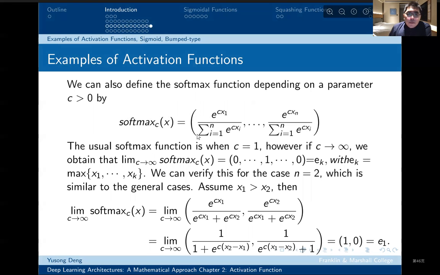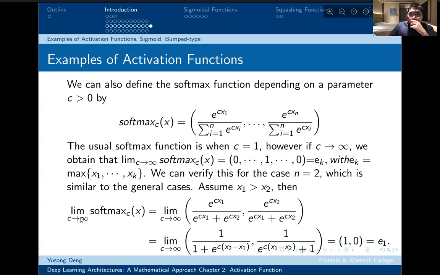And actually the usual softmax function is when c equals 0, but if c goes towards infinity, we obtain that it equals e_k, where e_k corresponds to the biggest element of the entries. So we can verify this when n equals 2. You can also do it with n equals 3, n equals 4, as long as you want to calculate.